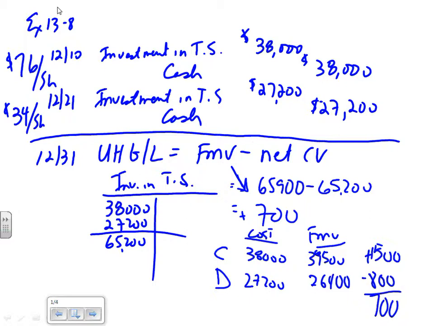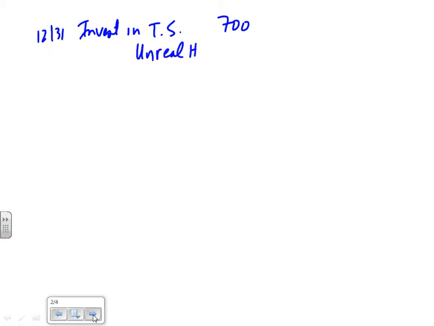And for trading securities, the journal entry that we need to make here, I'm going to go to the next slide now, is 12/31, investment in trading securities, because we don't usually set up a separate allowance account, and we're going to just debit $700 and credit unrealized holding gain or loss $700.